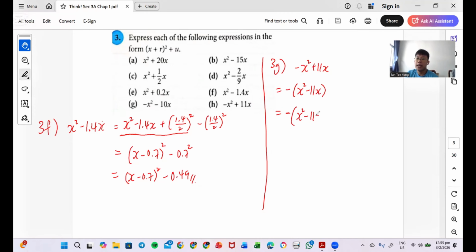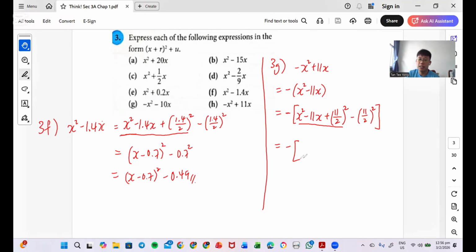So minus 11x plus 11 over 2, okay, square. Right, let me change this to the square bracket in front. Okay, then minus, same thing, it needs to balance out. So I need to minus it away again. So this part is where I do completing the square.